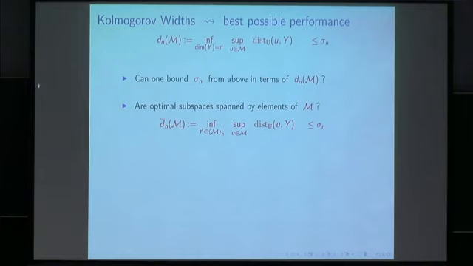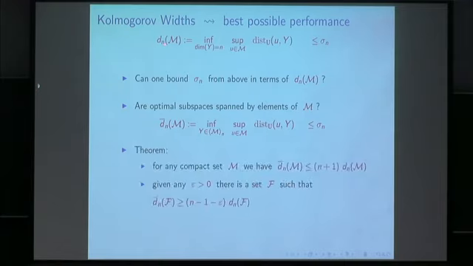If we use such spaces, then we want to know whether this new type of width can be compared to dn, and actually it turns out that it is possible, and we pay only with the constant n for that. This is an optimal constant, because there are counterexamples which show that this width could be bigger than n minus 1 times dn of the manifold.